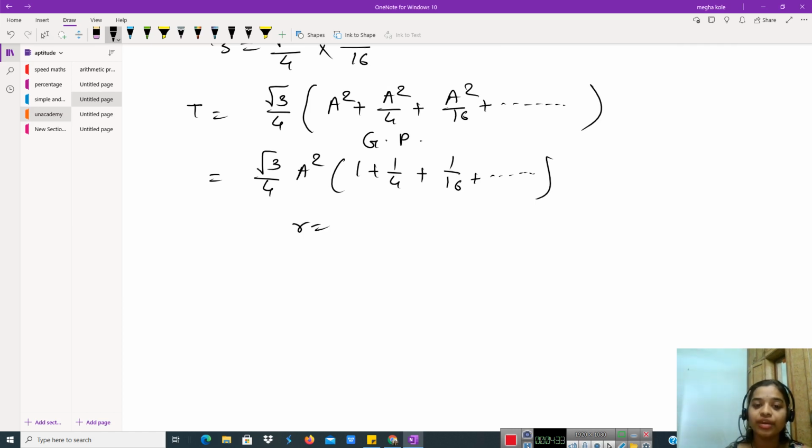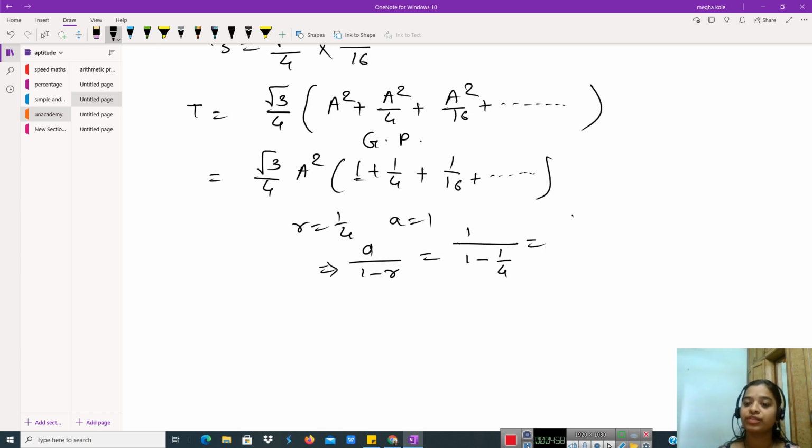Here r will be 1 by 4, and a, the first term, is 1. So the sum of infinite terms is calculated using the formula a upon 1 minus r, that is equal to 1 upon 1 minus 1 by 4, that is equal to 1 upon 3 by 4. The answer is 4 by 3.